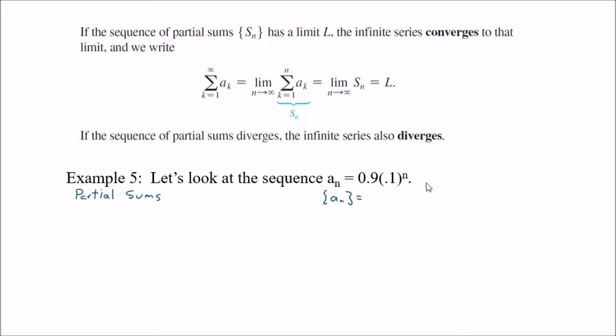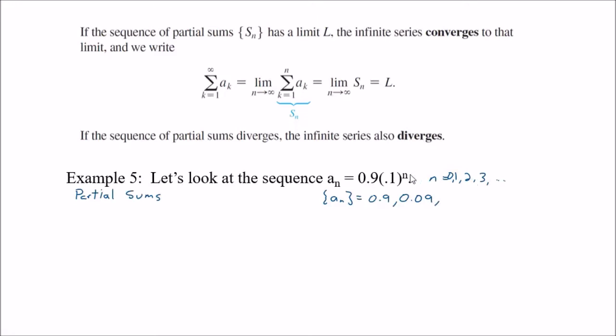Alright, and we're assuming here n equals 1, 2, 3. So if n equals 1, actually for this one, let's start at 0. It's going to be a little easier to work with. It's kind of the same deal, but let's start at 0. Okay, so if we let this be 0, we're going to get 0.9 times 1, that's 0.9. Okay, and if we let n equal 1, we're going to get 0.9 times 0.1, which is 0.09.